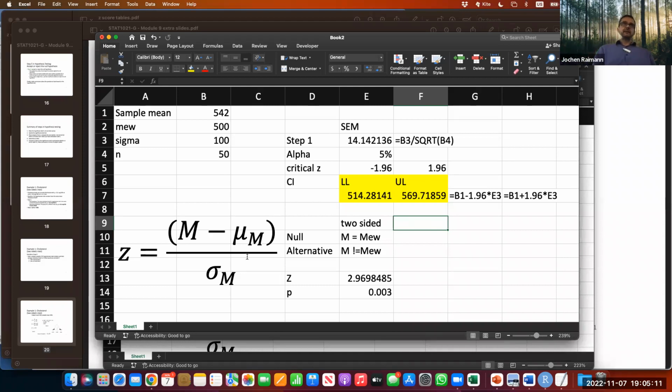If the mu is larger than your sample mean, by definition the numerator needs to be negative, right? Because if you subtract something larger from something smaller, that becomes a negative value. So the numerator becomes negative. If you divide something negative by the standard error of the mean, this will still be negative.